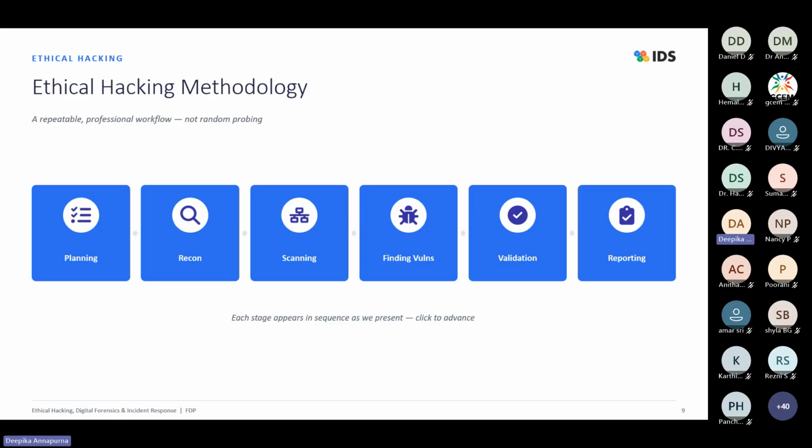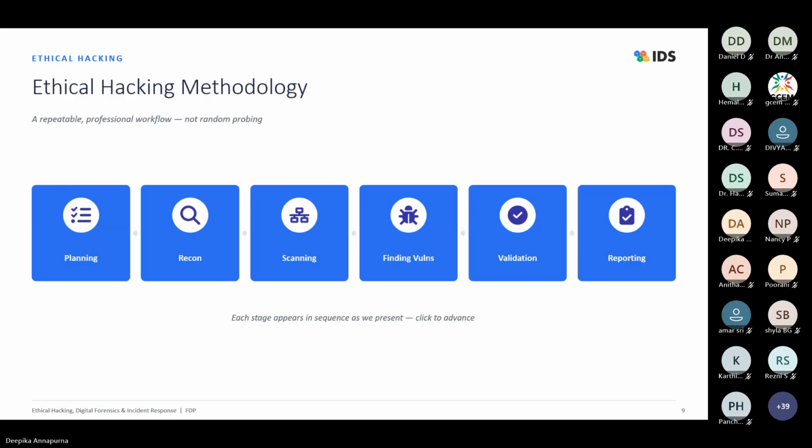The third phase is the scanning. Once we gather all the information, we'll be checking to discover if there are any vulnerabilities, like say some open ports, or let's say if we have some outdated software, weak credentials, software versions, everything they will find out in the step of scanning. The fourth phase is finding the vulnerabilities.